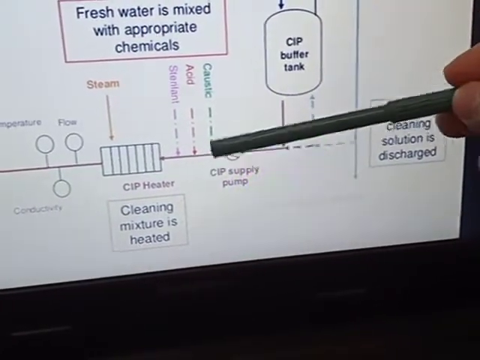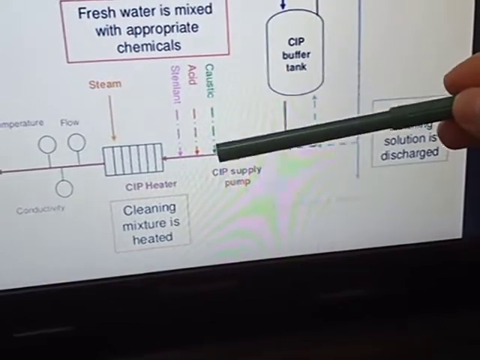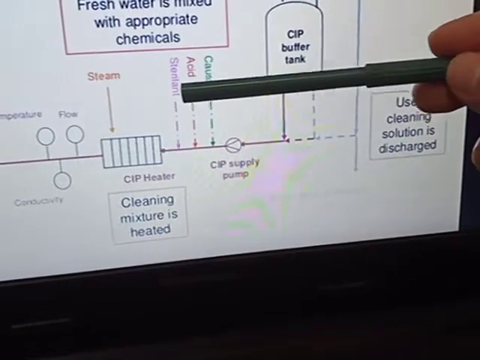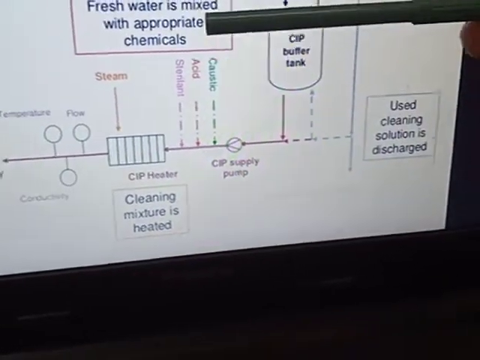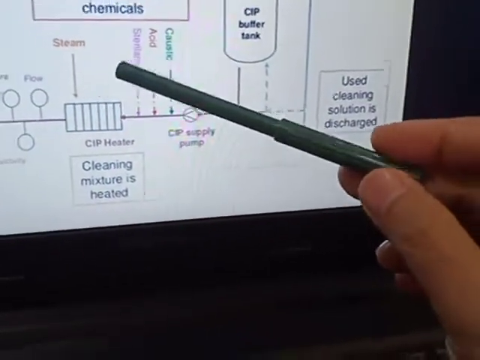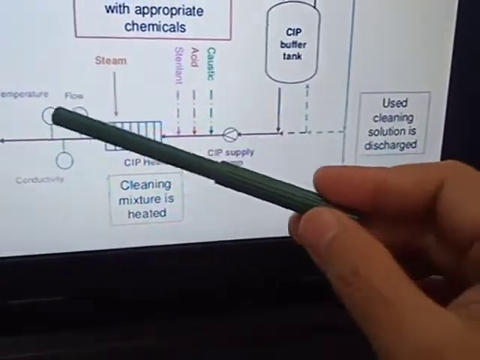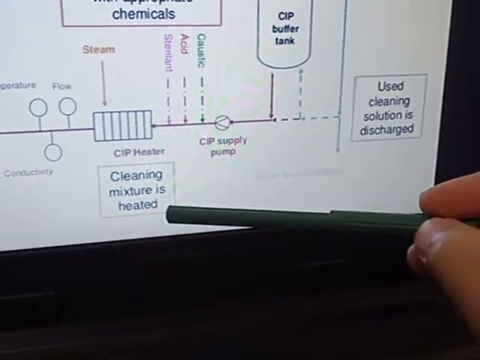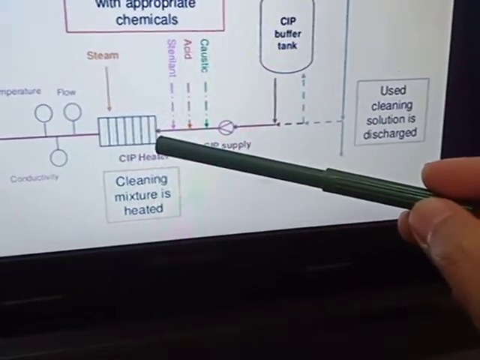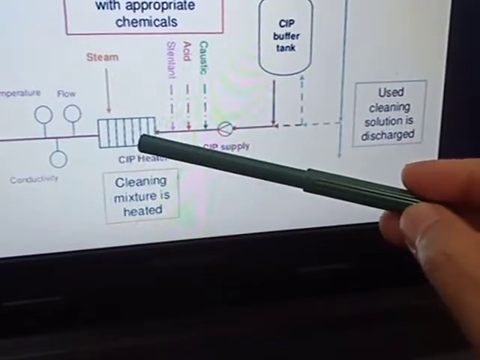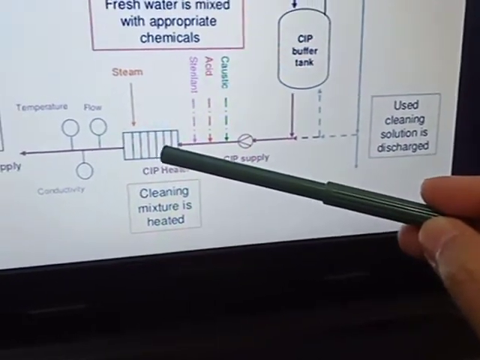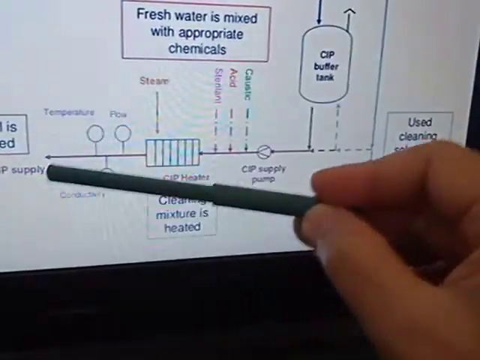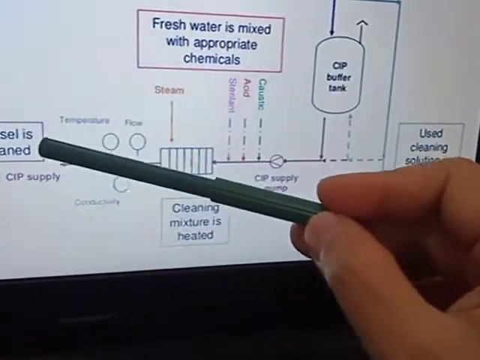In the line, you introduce caustic, acid, or sterilants or disinfectant. And then you have a temperature control system, the CIP heater, where the cleaning mixture is heated. This is a heat exchanger. Steam is used to heat the solution, and then it flows into the food processing equipment or the vessel.